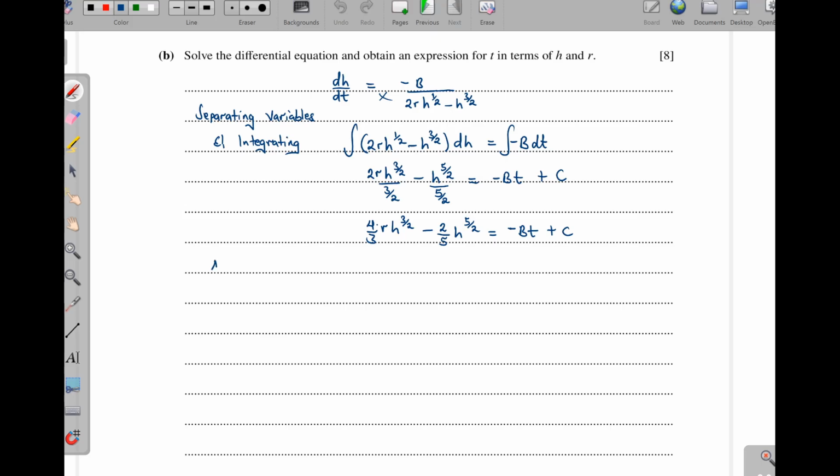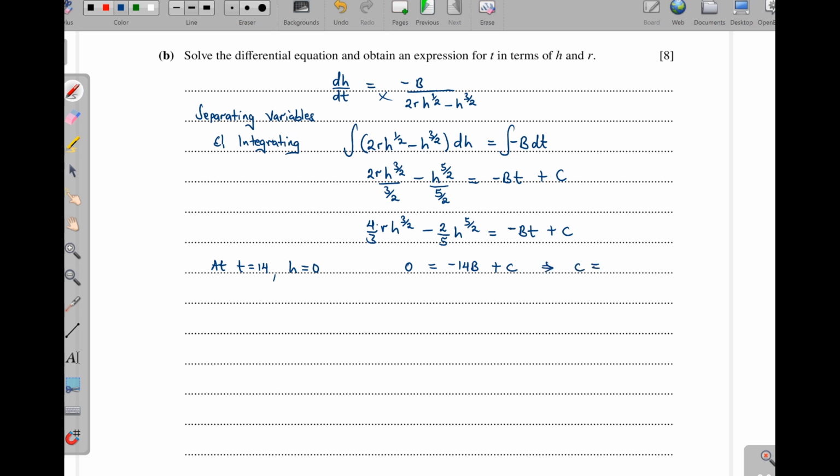So I will say at t is equal to 14, h is going to be equal to what? 0. Now, when you put h being 0, you get 0 here, and then here you get negative 14b, plus c. What does this imply?